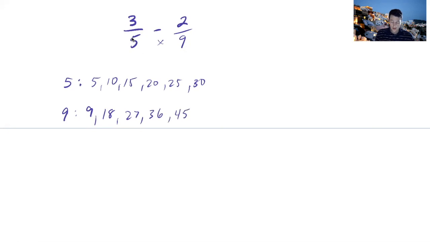Well, I have counted by 5 before, and I know that 45 is going to be it. So actually, multiplying these two together would have been your quickest way to get to your common denominator. And there is a little tip. If one of your numbers is prime, and we'll talk about prime numbers versus composite in another video, you can just multiply them together. So there's your shortcut for the day.